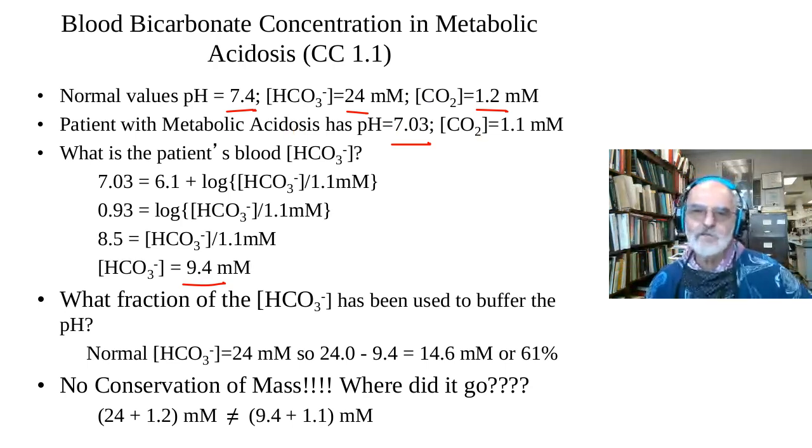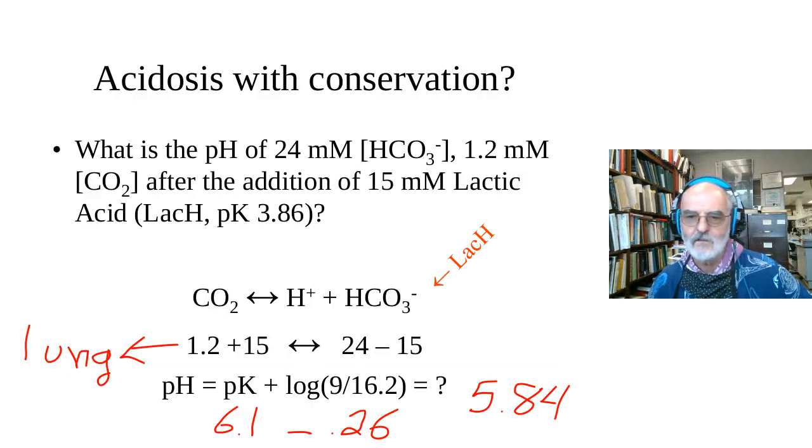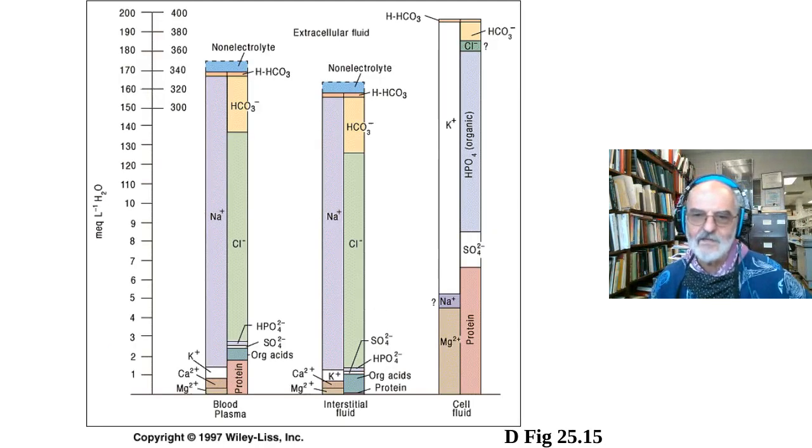Something in the plasma is titrating the bicarb from 24 down to 9.4. But instead of making more CO2, the CO2 is exhaled. So we still have 1.1. It goes down a little, but not much. In a closed system, we would be very acidotic. In an open system, we regulate by getting rid of the volatile acid.